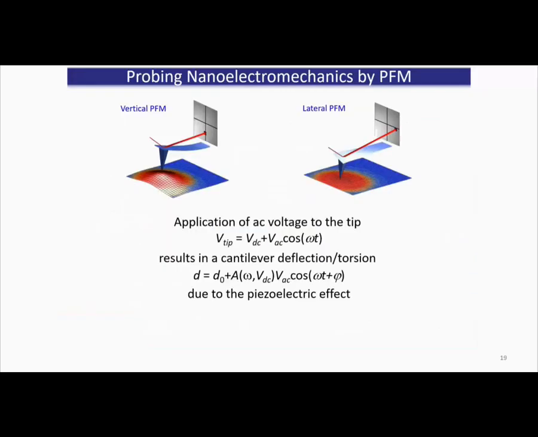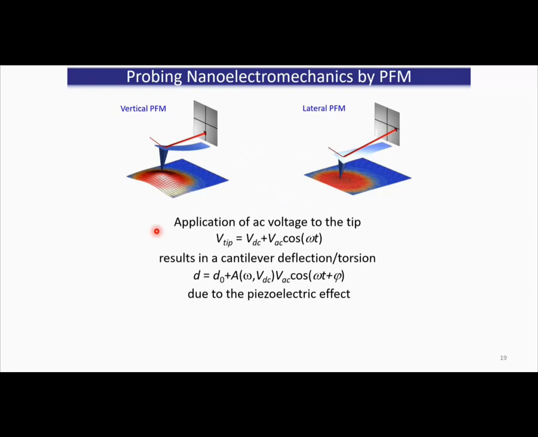Okay, so the basics of PFM, I've already kind of explained it, but we're applying a voltage to the tip, and that's going to result, if the sample is piezoelectric, in a cantilever deflection or torsion due to a sample deformation. So the sample deformation might be in plane or out of plane.